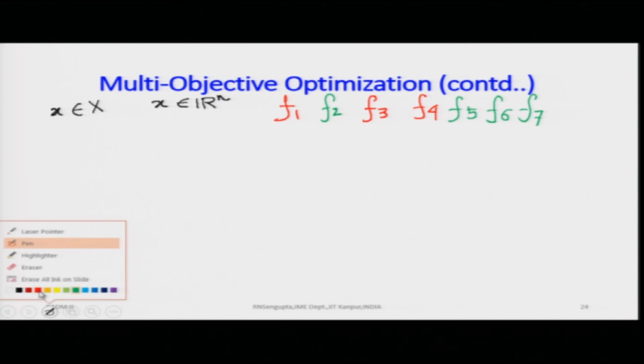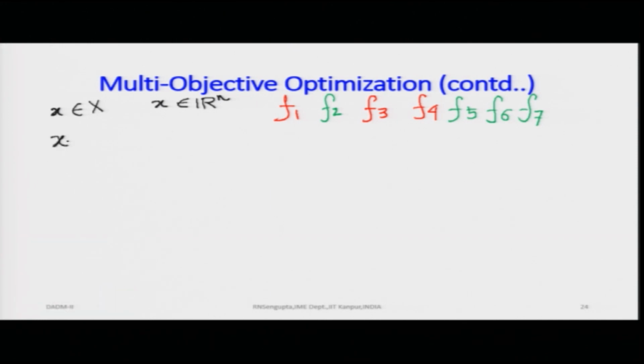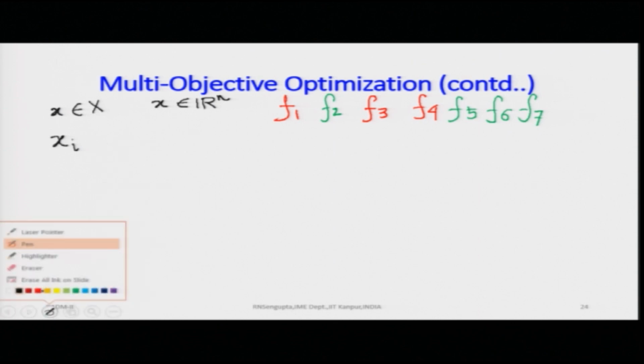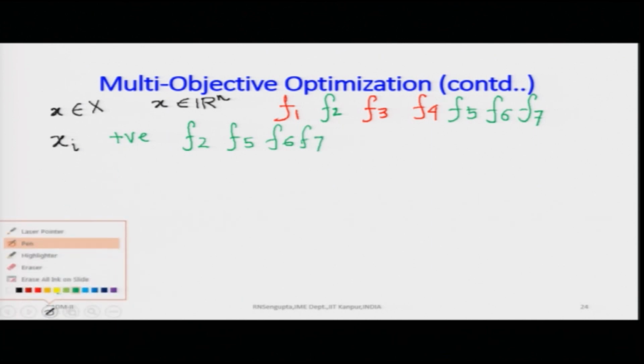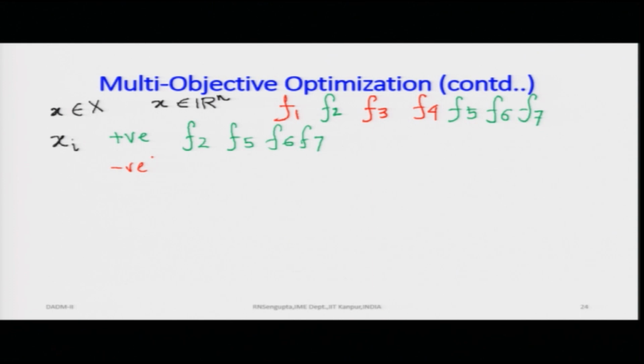Now, what you will have is a positive sense: positive values would accrue from F2, F5, F6 and F7. Negative values would accrue from F1, F3 and F4.